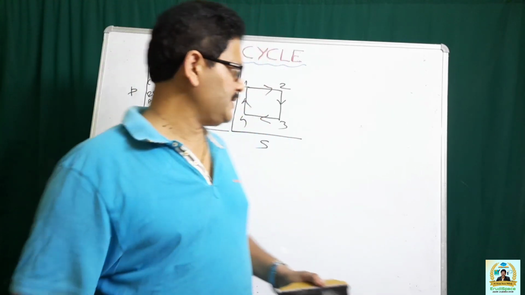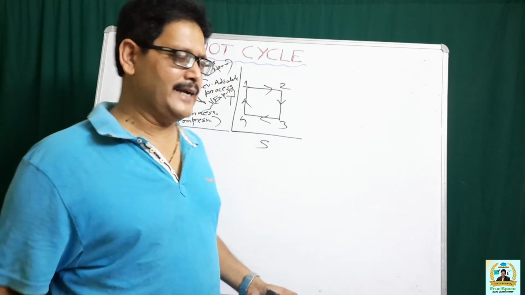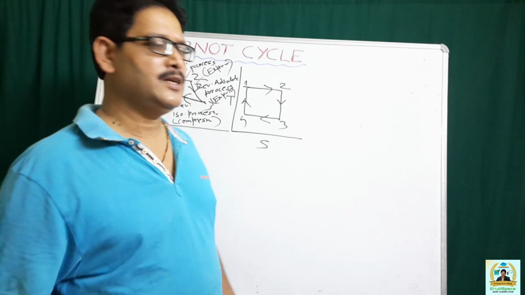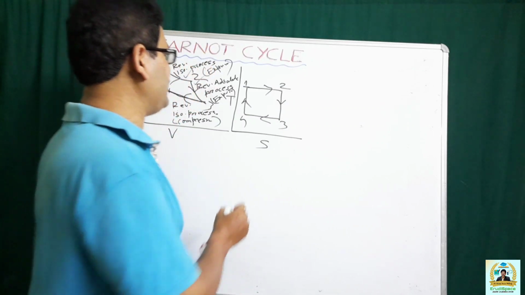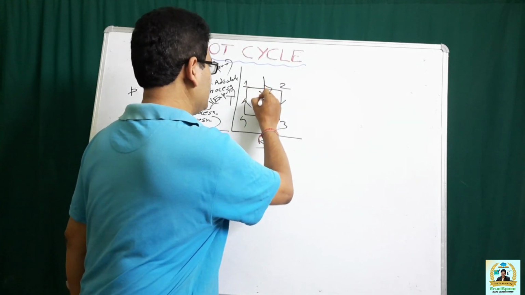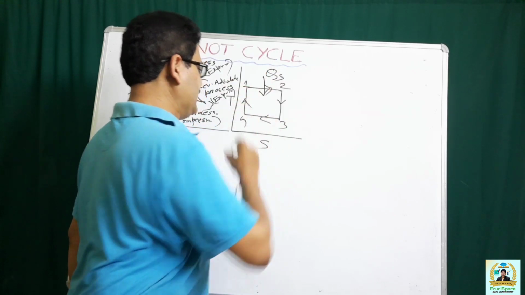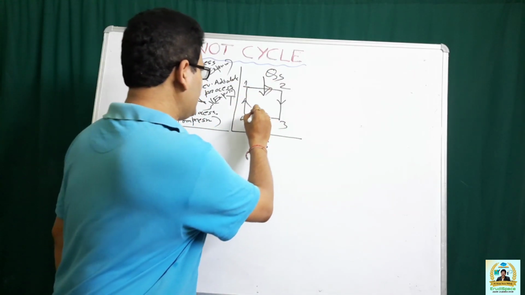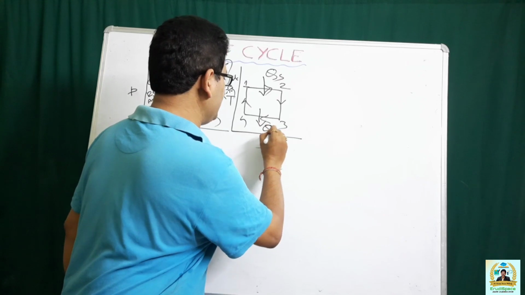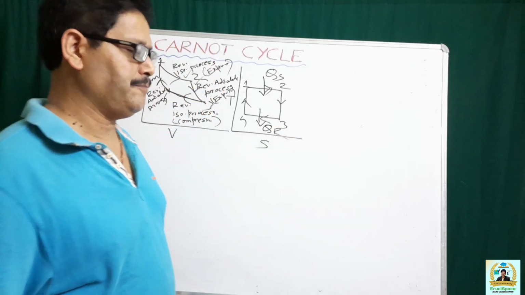Out of the four processes, 2 are reversible adiabatic or isentropic processes. Heat addition only takes place in process 1-2, and heat rejection takes place in process 3-4.